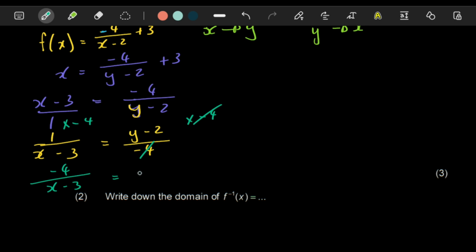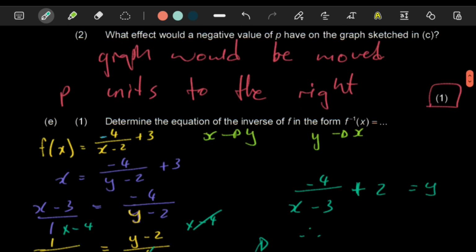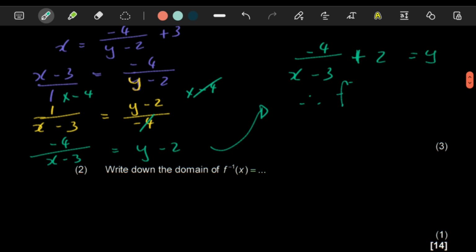You're gonna have y minus 2, and then that goes over, so you're gonna end up with -4 over x minus 3, and then plus the 2 there, equal to y. They say you have to write it in that form. So here you have to say, therefore the inverse is -4 over x minus 3 plus 2.